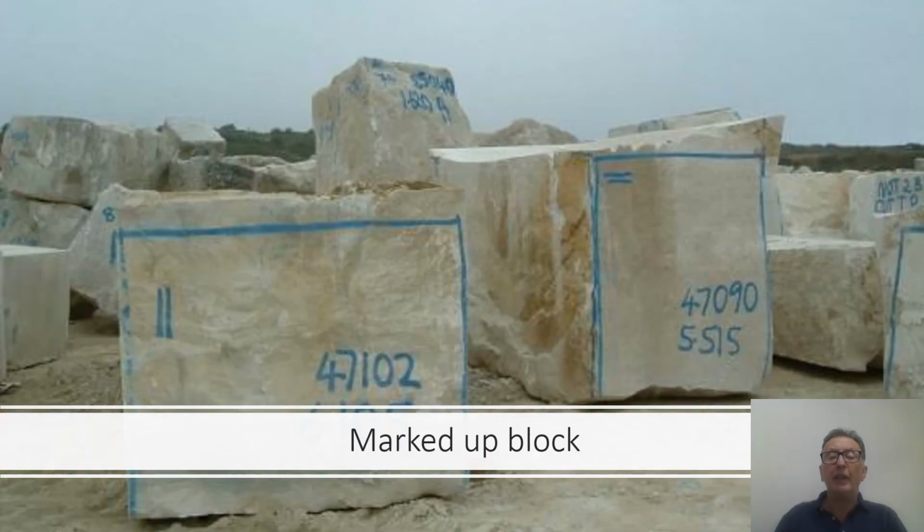As was mentioned earlier, during the quarry visit, it's possible, or it should be possible, to see blocks of extracted material. These are useful in that they will often give you a good indication of the actual slab sizes or effectively module sizes that are achievable with that material.